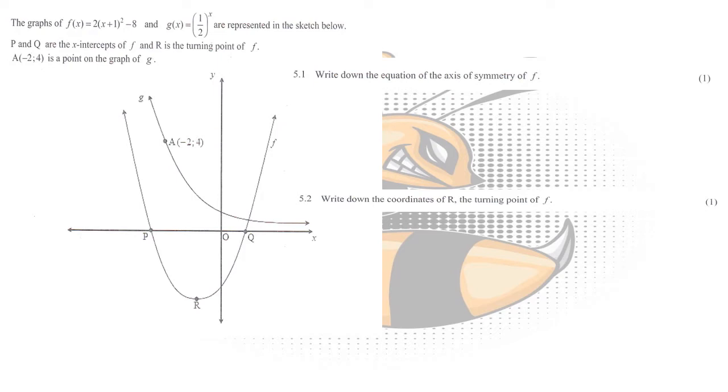saying the graphs of f(x) = 2(x + 1)² − 8 and g(x) = (1/2)^x are represented in the sketch below. Now immediately you have to remember that whenever we have something squared, it's normally the parabola function, and if we have something to the power of x, it is normally our exponential function.